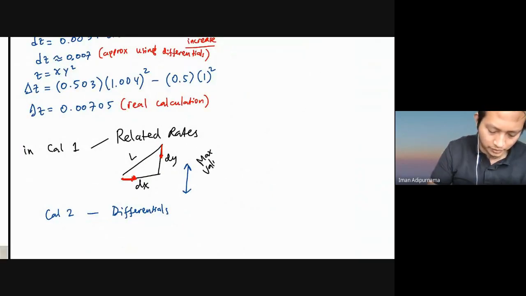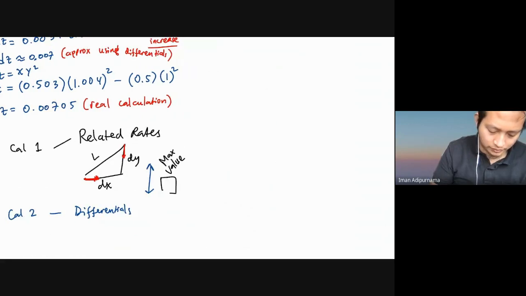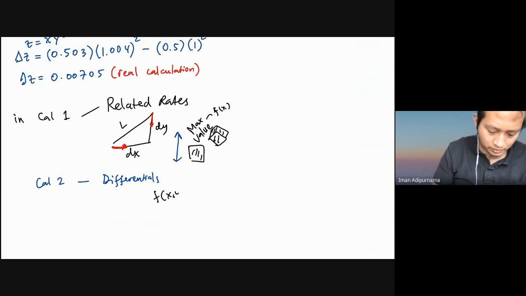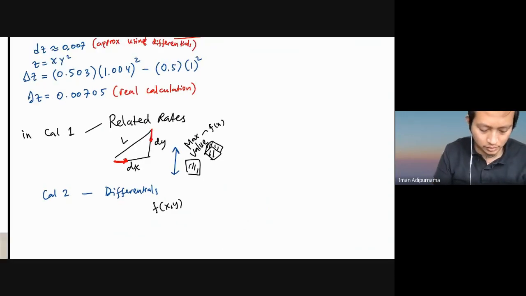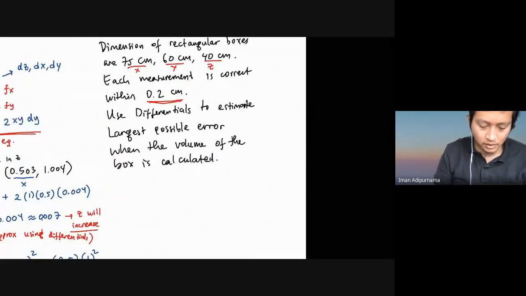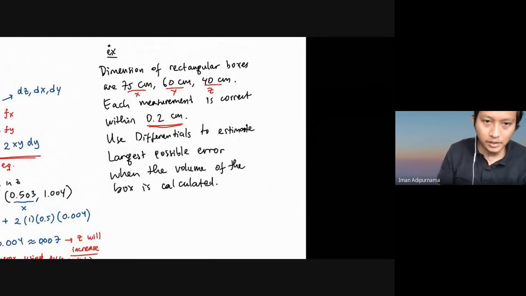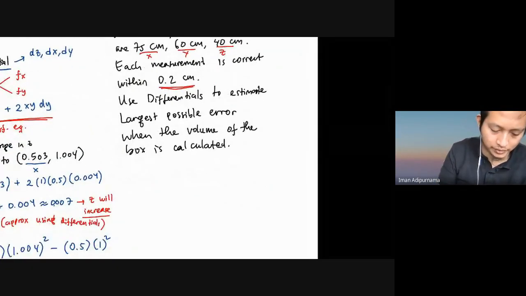Okay, the maximum value. Like you have area or you have volume, but before it's only f of x, right? And now in this calculus 2, we have x, y. Sorry for this additional note. Okay, so here we have x, y, z for the rectangle.